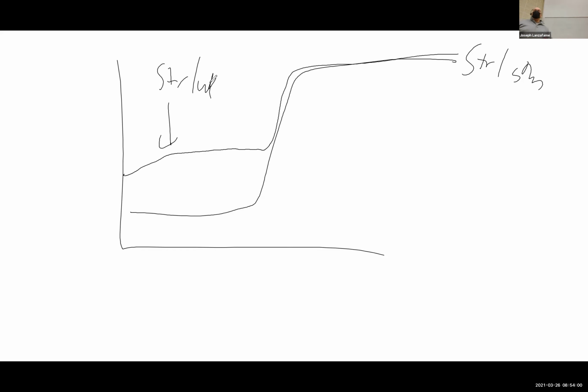If I go strong, weak, right, I'm always starting higher because I don't get complete dissociation at the beginning. I always go through that buffer region, which gives me a slightly greater increase than would be true for strong, strong. And then I have a compressed equivalence region because I'm going into it at a higher pH than I would be if I was strong, strong.